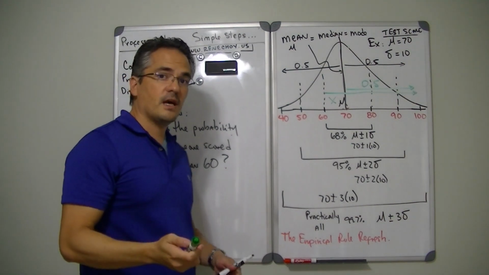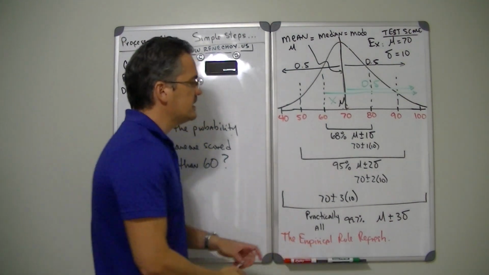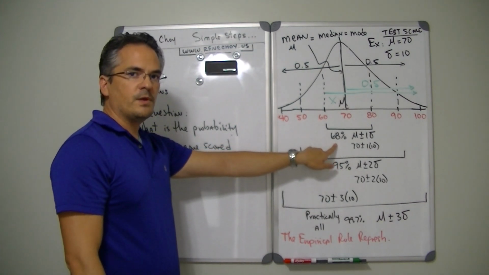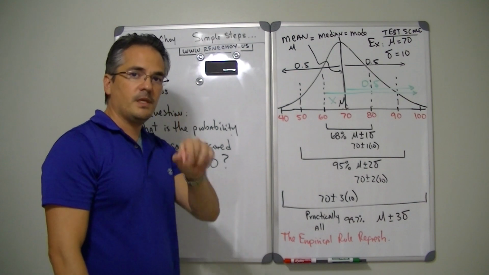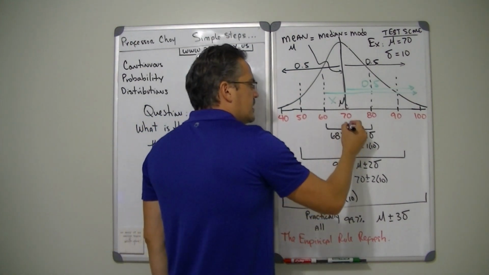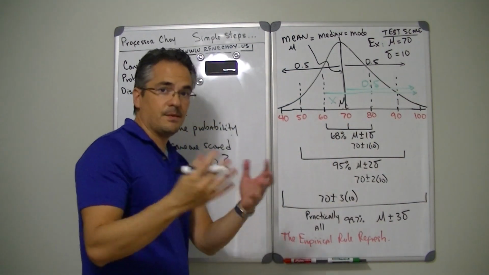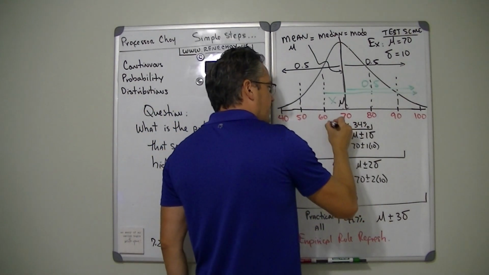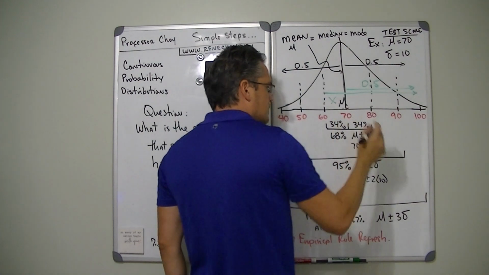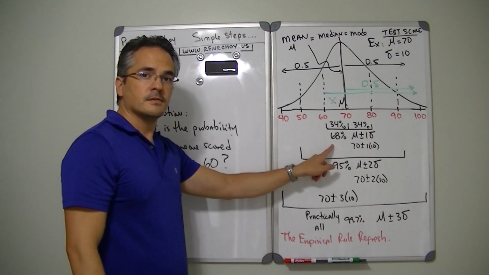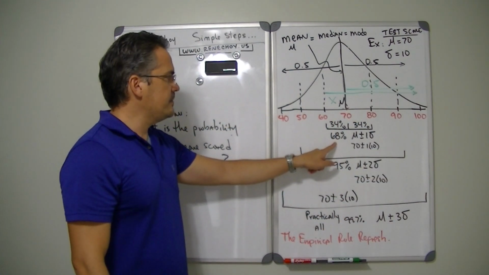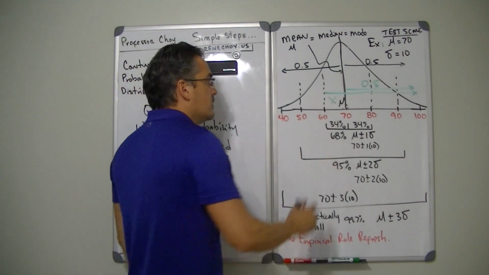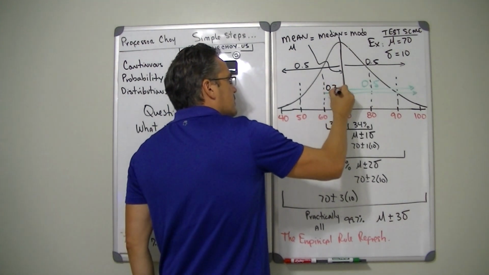Alright, now how do we figure that one out? Well, look at this 68 here. We know that one standard deviation away from the mean is 68%. But because it's split in half, that's the same thing as saying 34% to the right and 34% to the left. That's 68%, correct? So that basically means that this x right here is 34% or 0.34.